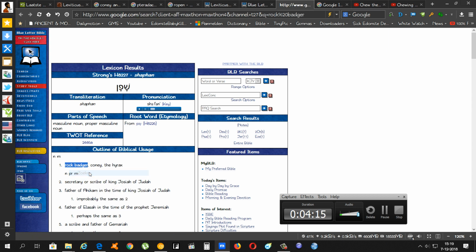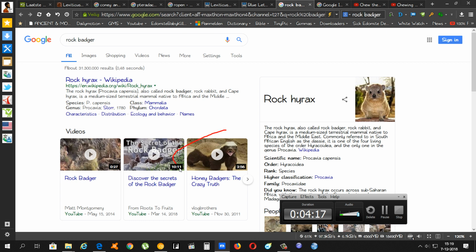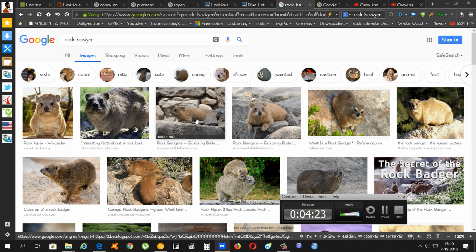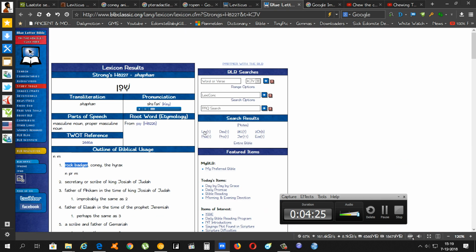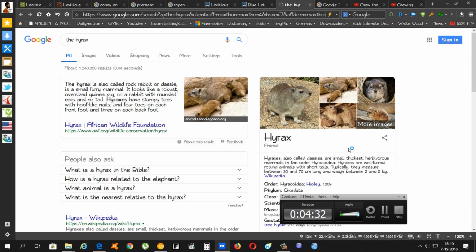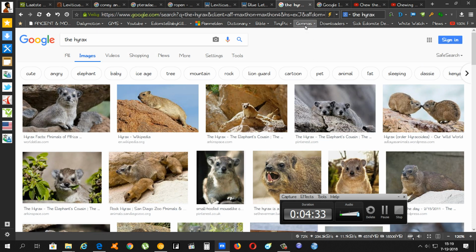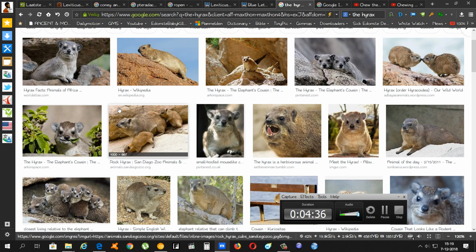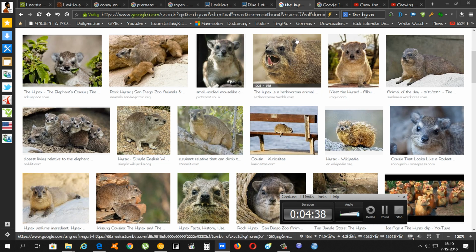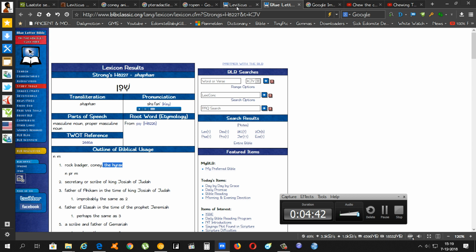This is a rock badger. Now this is a normal badger, honey badger, but this is a rock badger, which is the coney. And also it said the hyrax, which is this, it's the coney, right, the rock badger. You don't see a lot of these things on National Geographic Channel, by the way. I don't know, I think they're fast or something.